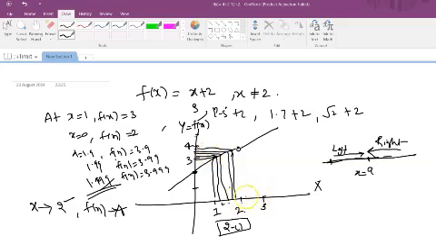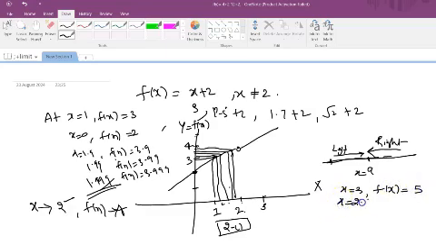But we have another side. We can also move from 3 to 2, right? So we can also move from right to the point 2, right? So let's see. When you were at x is equal to 3, the value of your function was 5.